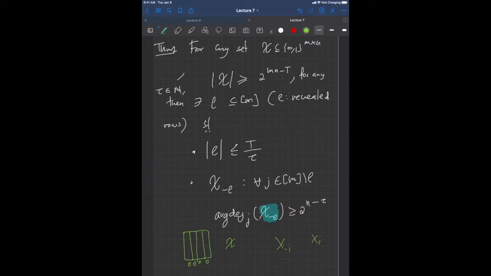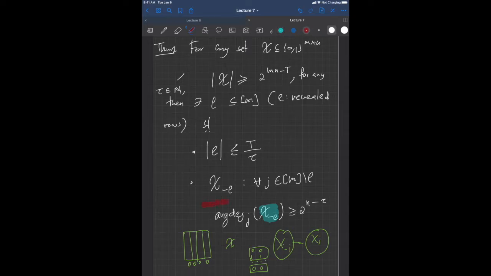Once you have this partial matrix and you have filled in all these values, let's say 1 0 0 0, because the parity of every column has to be 0, you completely know what this row is going to be. So there's exactly one edge going from this to this, and this is independent of which row you choose. So it's impossible to get this condition for the larger set.